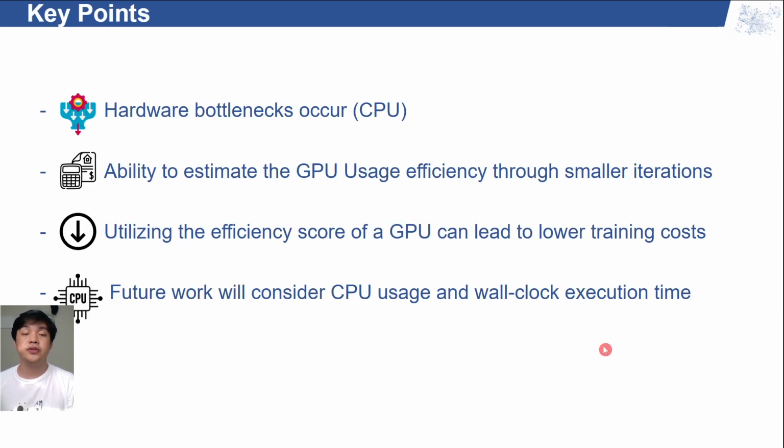So what are the key points for this research paper? We have encountered that hardware bottlenecks can occur, such as the CPU bottleneck, and we were able to estimate the GPU usage efficiency through smaller iterations, which means we do not need to train over 100 epochs in order to get the usage efficiency of training a neural network model.